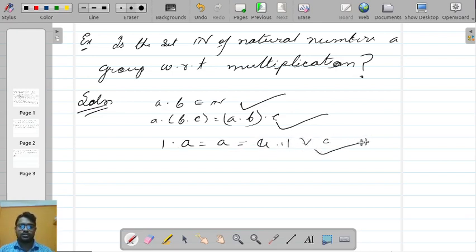What is not satisfied is the fourth property, the existence of multiplicative inverse. So N is not a group with respect to multiplication.